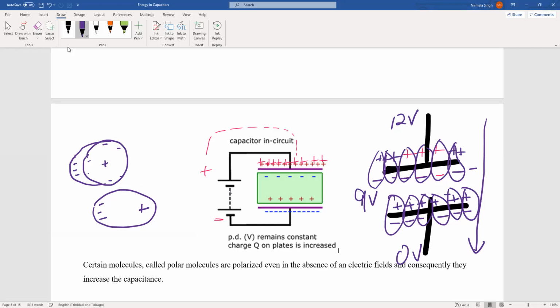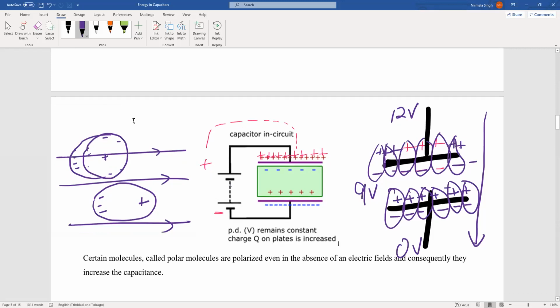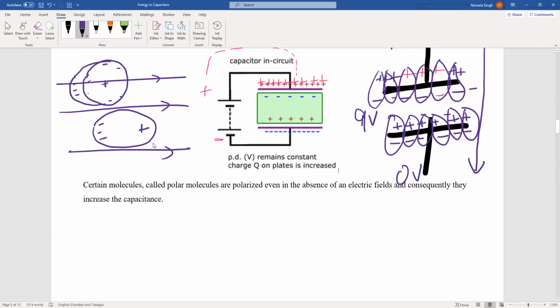So you get a polarized molecule. Now this happens when we apply an electric field. Now, some materials are like this by themselves. You can cause some materials to be polarized, or in their natural state, they are polarized.